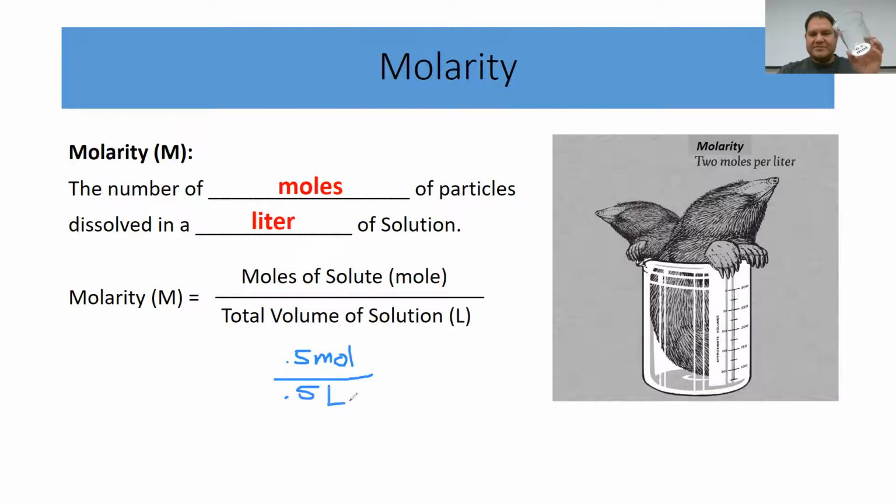Remember, this is 500 milliliters, but it has to be in liters to get our molarity correct. So 0.5 divided by 0.5 is 1 molar. So this is also a 1 molar solution, or again, we could put units of moles per liter.